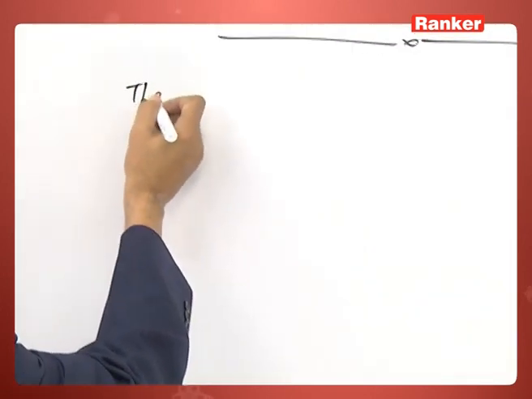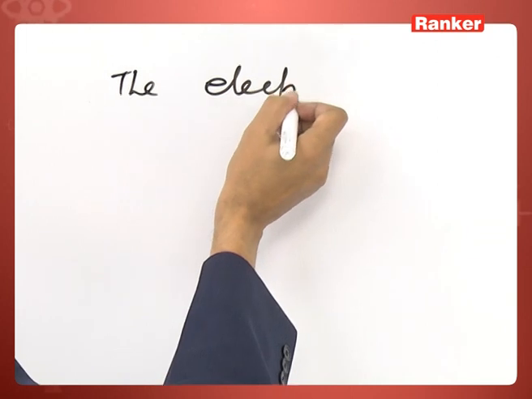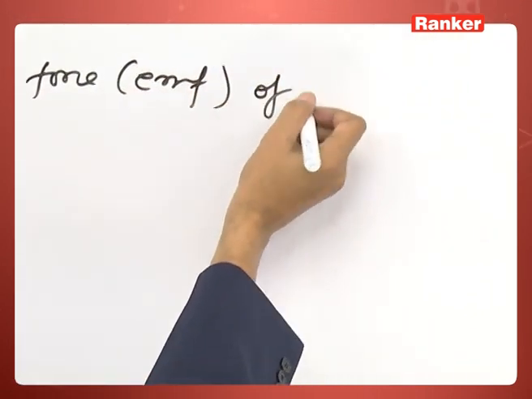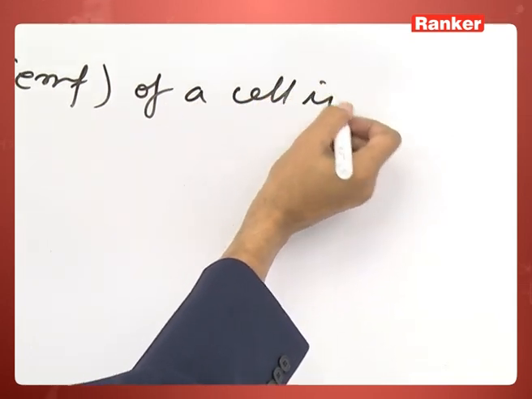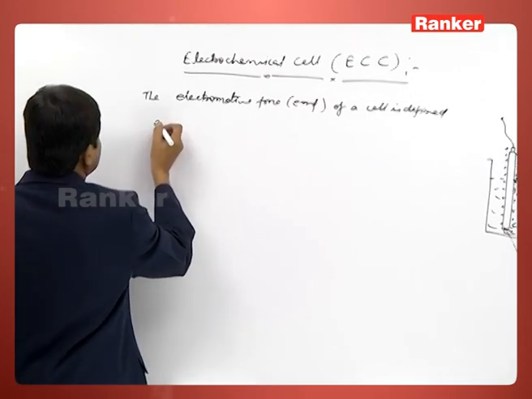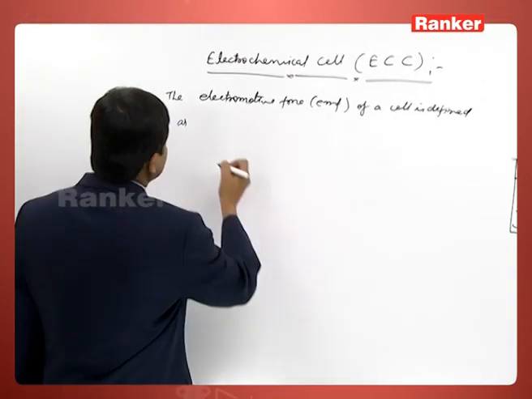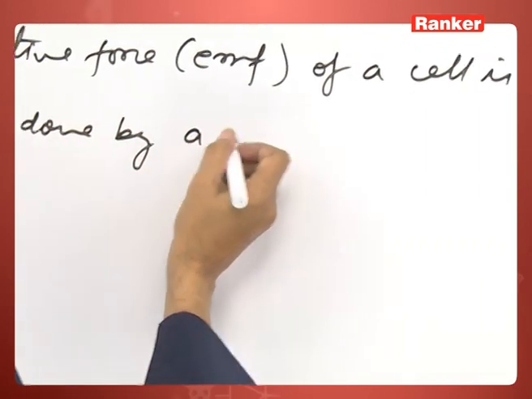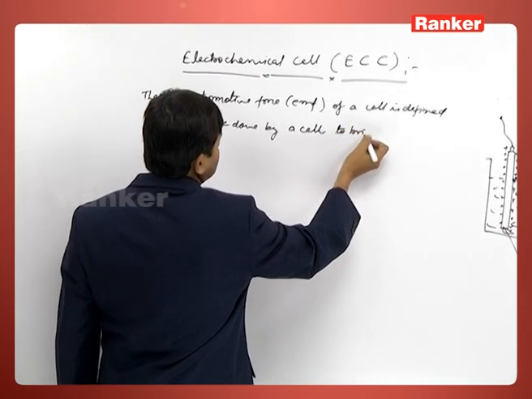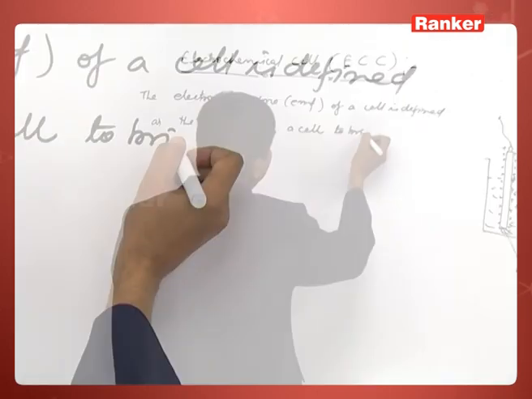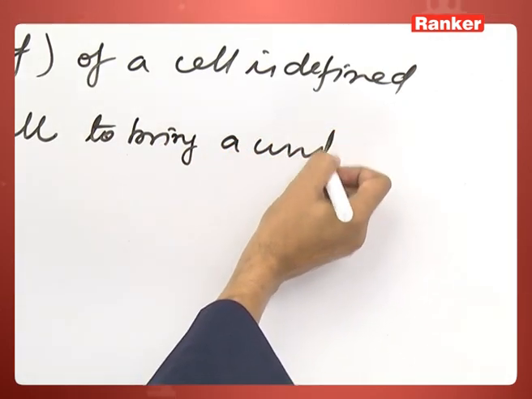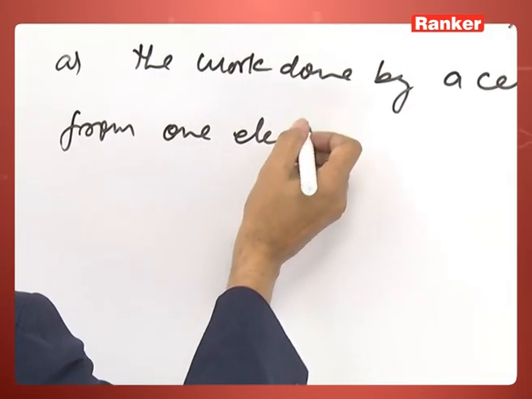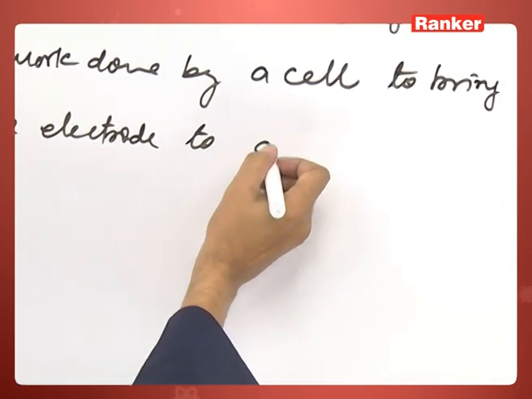The electromotive force, or EMF, of a cell is defined as the work done by a cell to bring a unit charge from one electrode to another electrode.